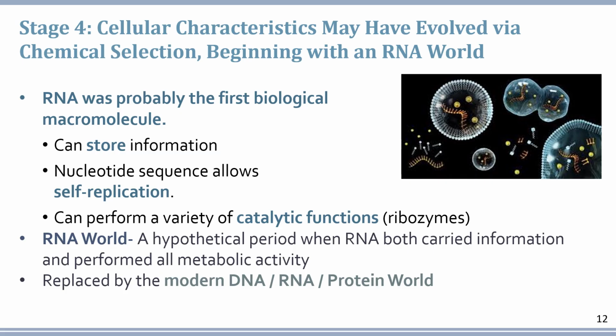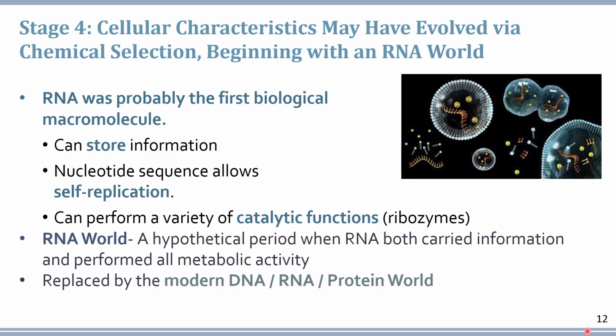In our cells now, that's not fully its job, but it can and does store information. And then because it is a nucleic acid chain and works on the principle of complementary base pairing, its sequence allows for self-replication, just like the DNA molecule does when your cells replicate its DNA.